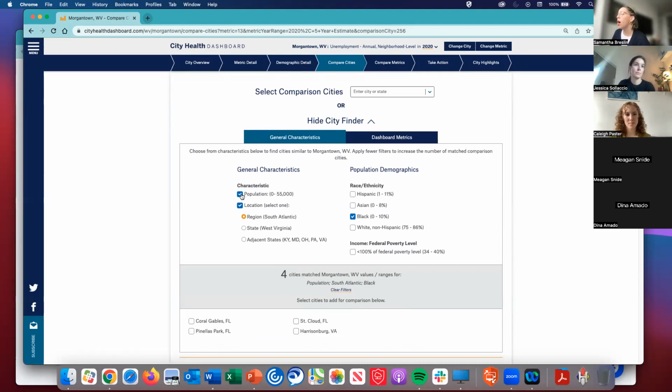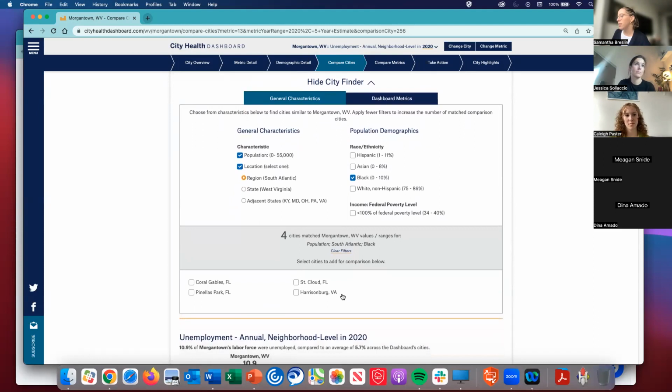And so as you saw, the more filters I put into the City Finder, the smaller the city list got of cities that match that criteria. So we can see Harrisonburg, Virginia, and Pinellas Park, Florida.